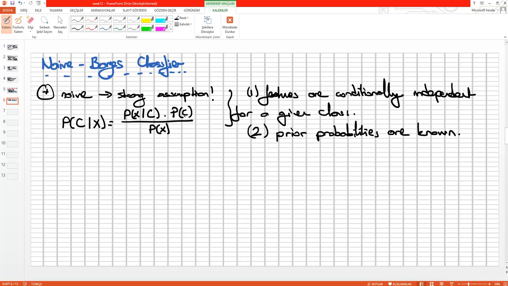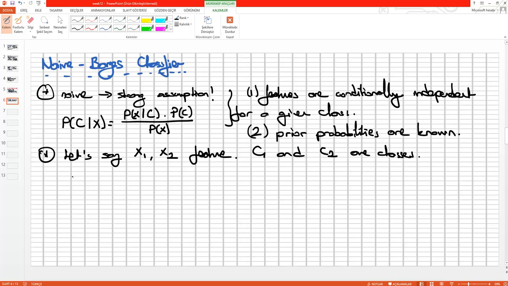Okay, so let's say x1 and x2 are the features and c1 and c2 are classes. We have two-dimensional data in here, and c1 and c2 are classes. Our conditions are that.